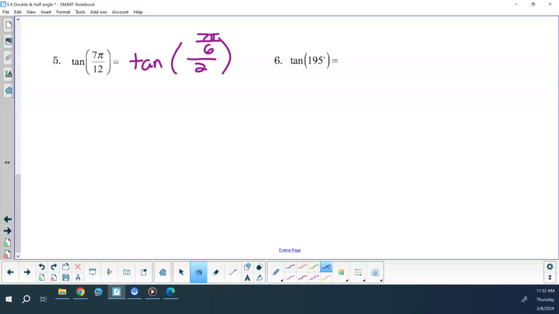So that says that we then have 1 minus the cosine of 7 pi over 6 all over the sine of 7 pi over 6. What is the cosine at 7 pi over 6?